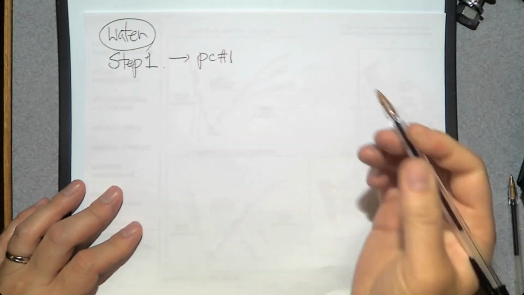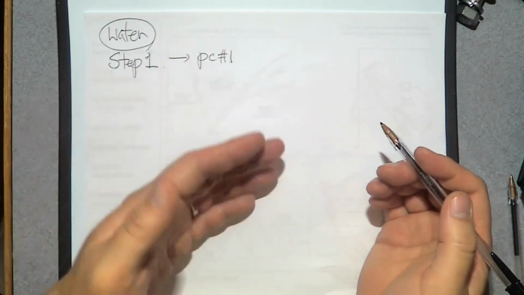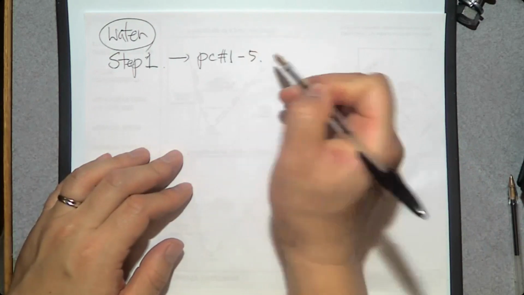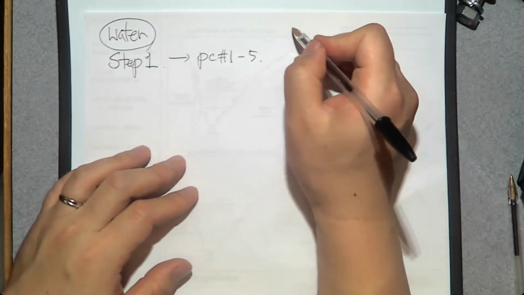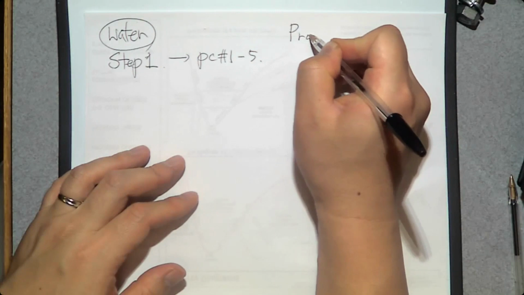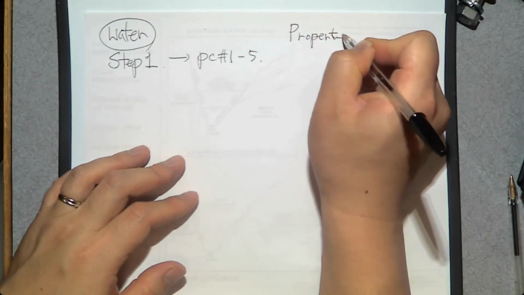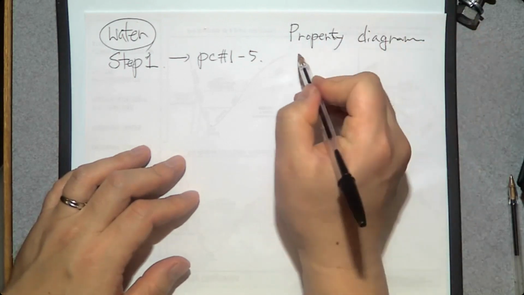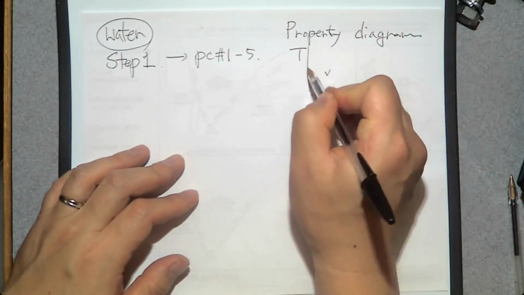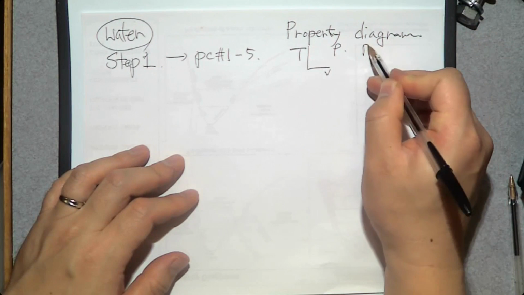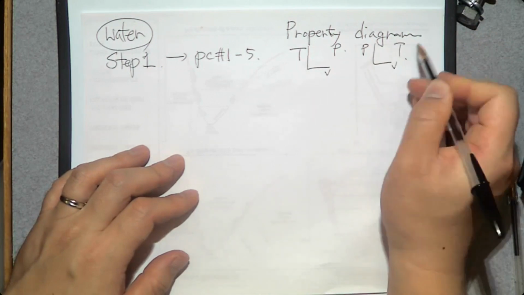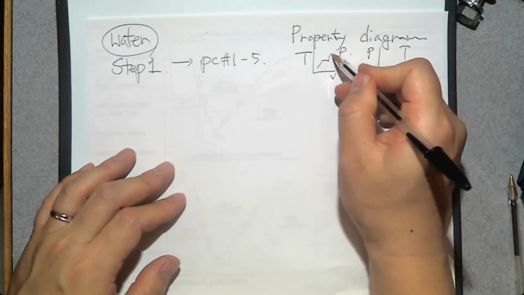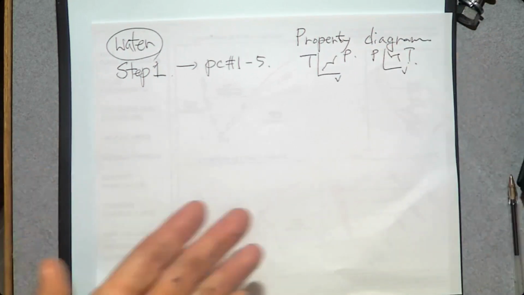Phase change process number 1, number 2, number 3, number 4, number 5. How do we do that? By using a property diagram. What is a property diagram? Like a PV diagram at the given pressure or a PV diagram at the given temperature. They look like this, they look like that. Now you know how to do that, right?